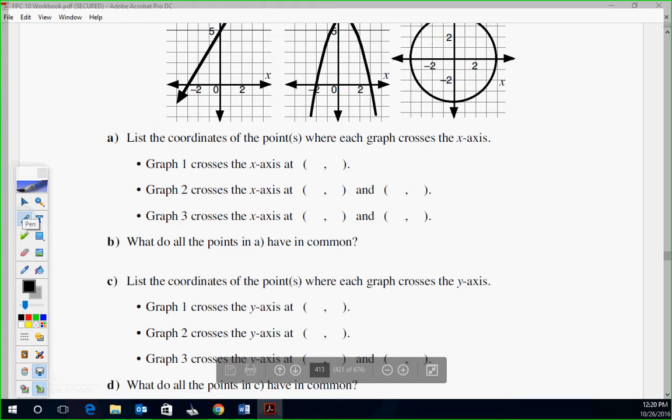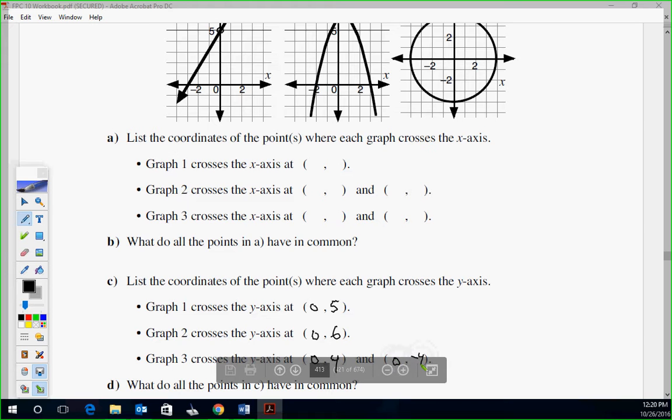All right, so graph 1 crosses the Y-axis at what? 0, 5. Graph 2 crosses, is it 6? Okay, thank you. Mine's cut off. And then graph 3 looks like it's 4, -4 again.